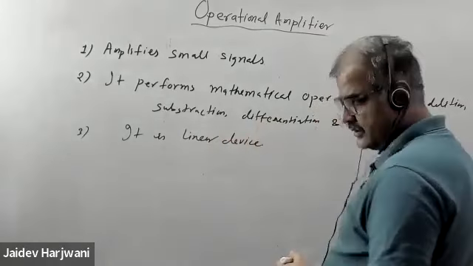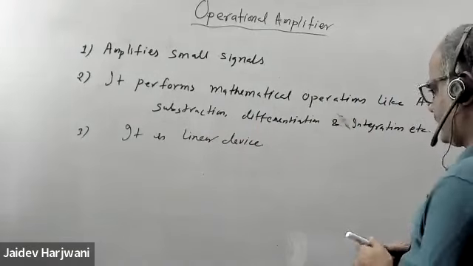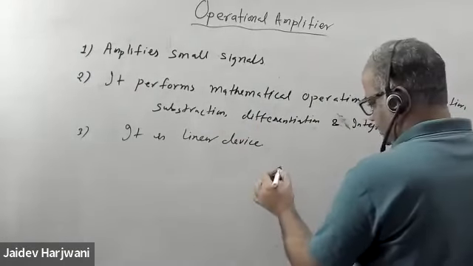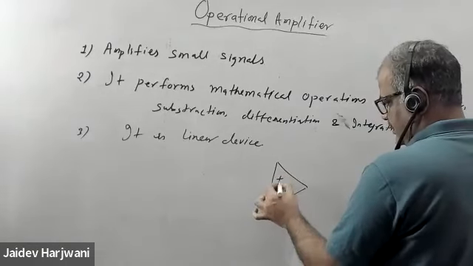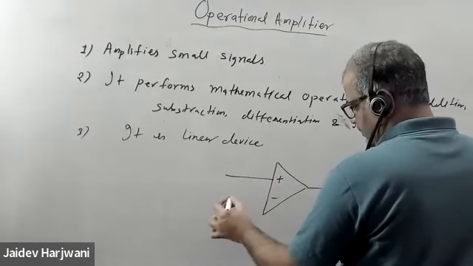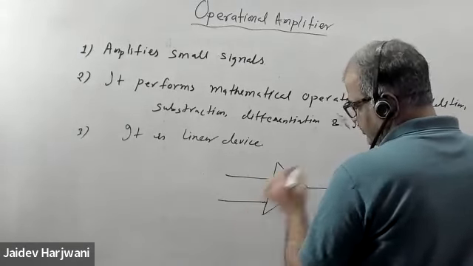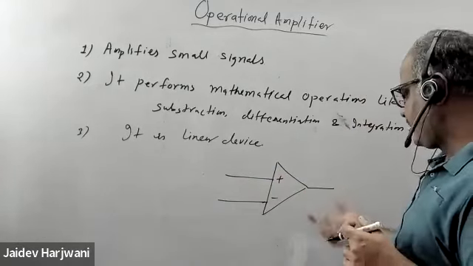Now if I see the symbol of this operational amplifier, its shape is like a triangle. It can have many terminals, but three terminals are very important.